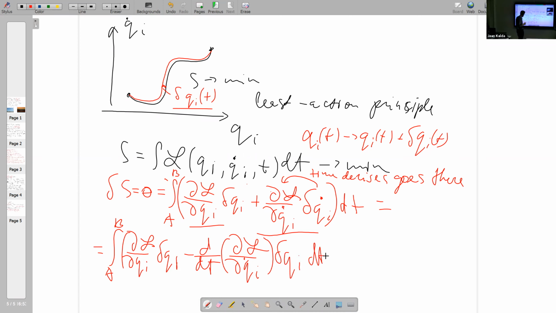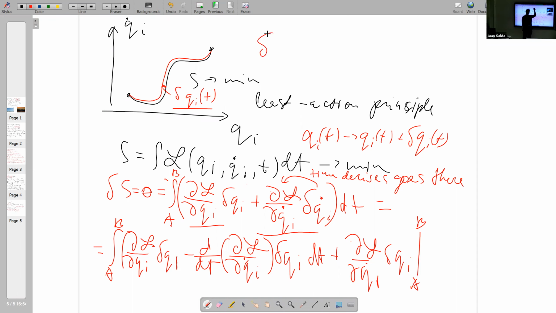And then we still have one last term, which is plus ∂L/∂qi dot and delta qi from a to b. But now we assume that the starting point and ending point must be fixed.